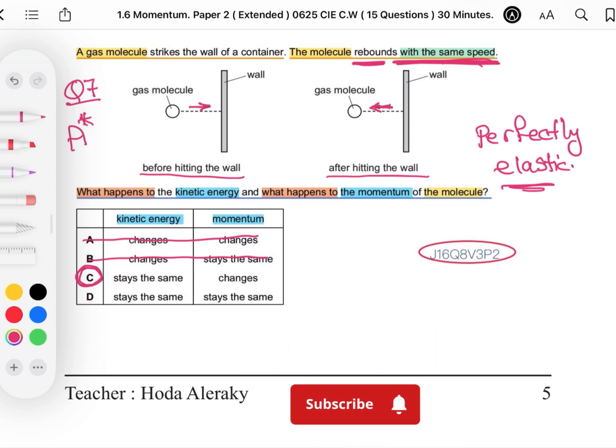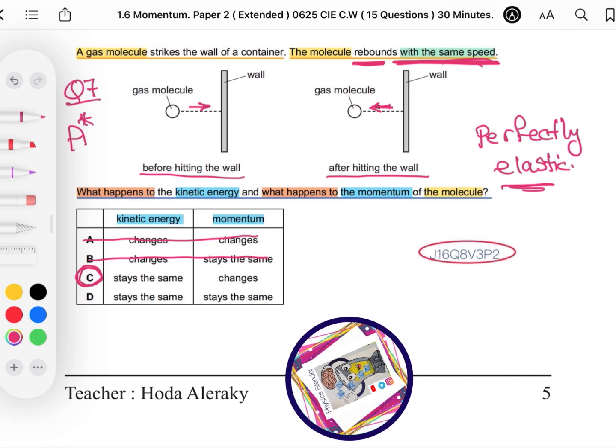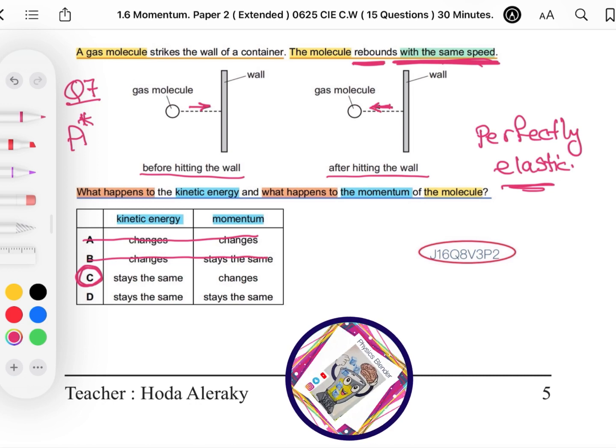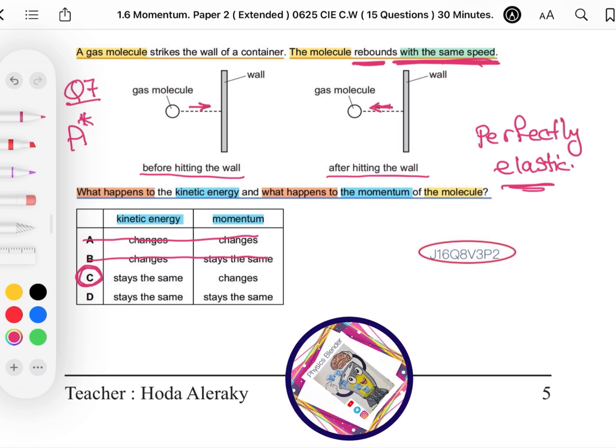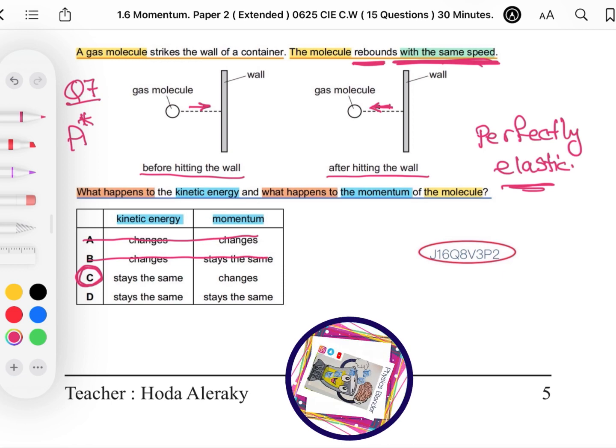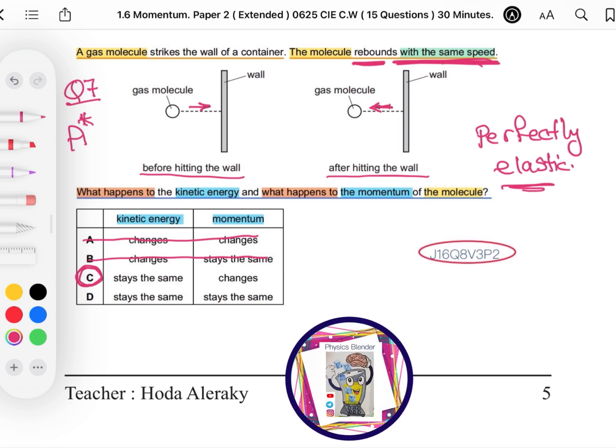But the kinetic energy here, no change. According to the kinetic theory of gas, we consider this kind of collision perfectly elastic, so no loss in kinetic energy. The answer is C. This question is very important.